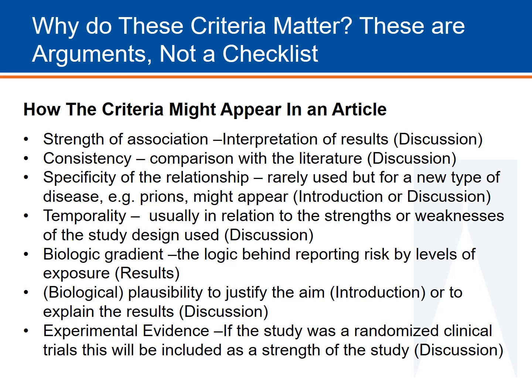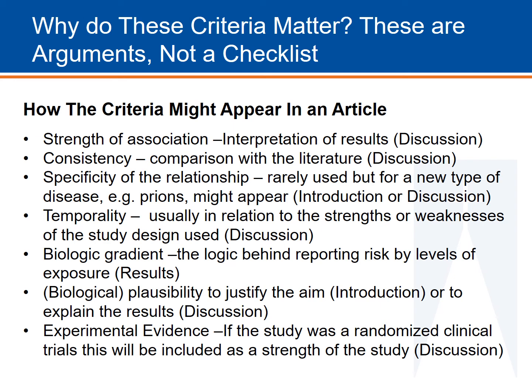A temporal relationship in the results relates to the study design. So it relates to whether the study was a longitudinal study. So this would usually be in either as a strength or a weakness of the study design. So they might say it's a weakness of the study that the analysis was based on a cross-sectional association.